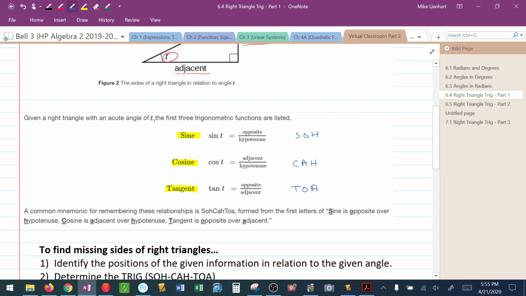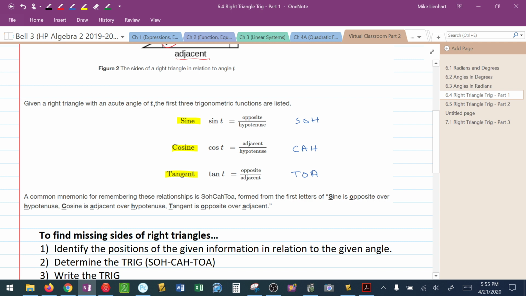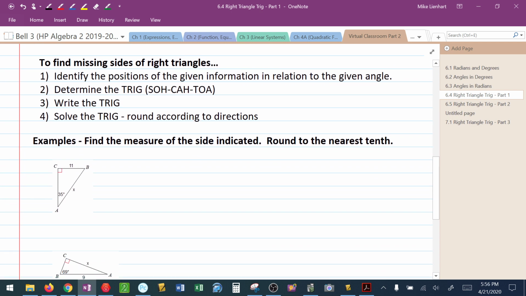Now, what we're going to focus on here is how do I use these trigonometric ratios to find a missing side. Here are the steps that I always like to follow. The first thing I want to do is figure out who's where. Who's the reference angle? What are the pieces of the puzzle that I know? Then I'm going to determine the trig. Is it SO, CA, or TOA? Sine, cosine, or tangent. I then write the trig, and then I solve the trig.